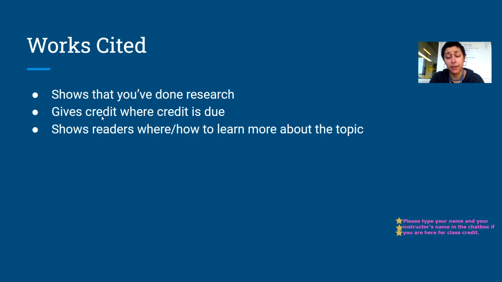Credit where credit is due, of course, is very important because it runs the risk of plagiarism otherwise, and we don't want to pass off others' work as our own, just for moral and ethical reasons. And it's also a very frowned upon thing to do in the academic world, because we want to make sure that we are being fair and giving everybody credit for their ideas and things like that.